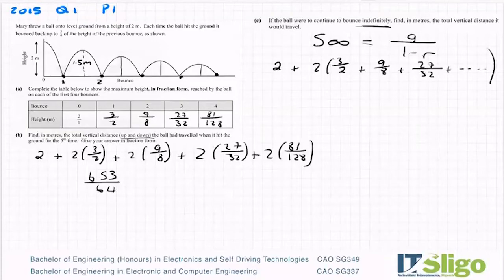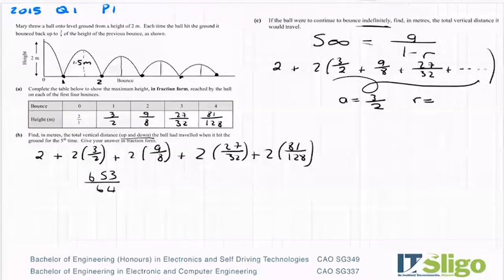So if I get the sum to infinity of this, because really that's the part that is running indefinitely, my first term there is 3 over 2, and my common ratio, what am I multiplying it by each time? It's 3 over 4.